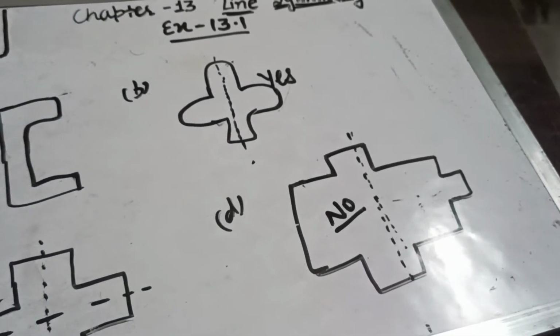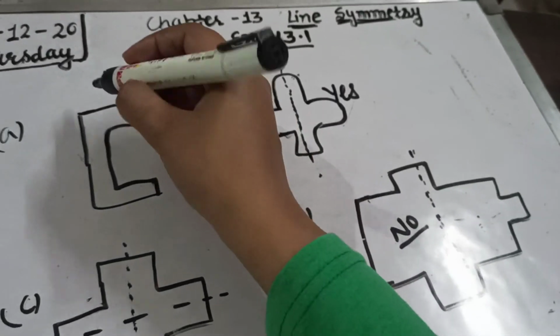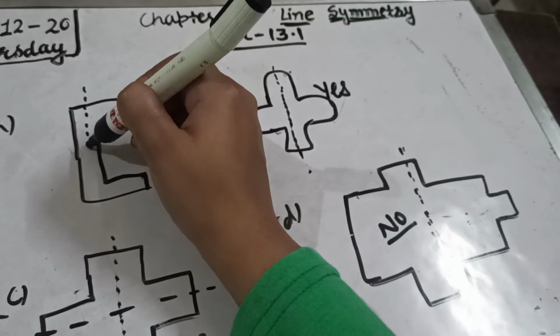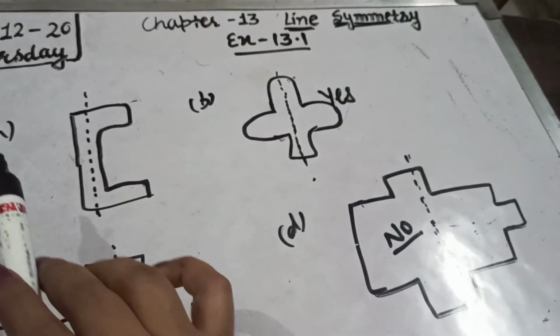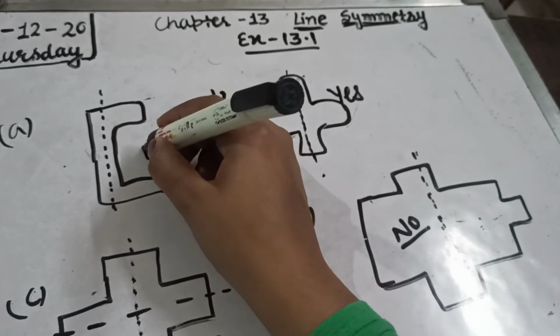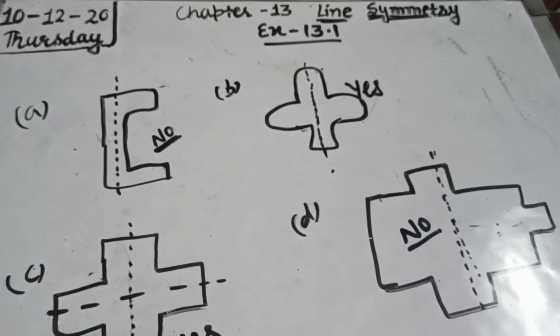It means this does not have a vertical line of symmetry. Same comes to this. If I draw one vertical line, is this side part equal to this side part? No. So this figure also does not have a vertical line of symmetry.